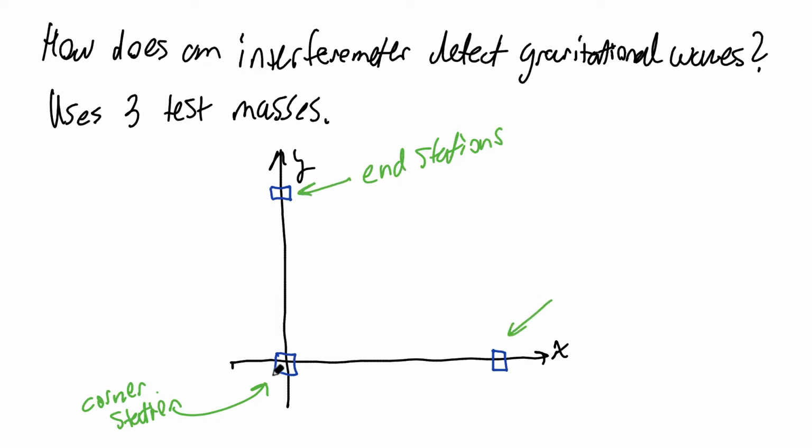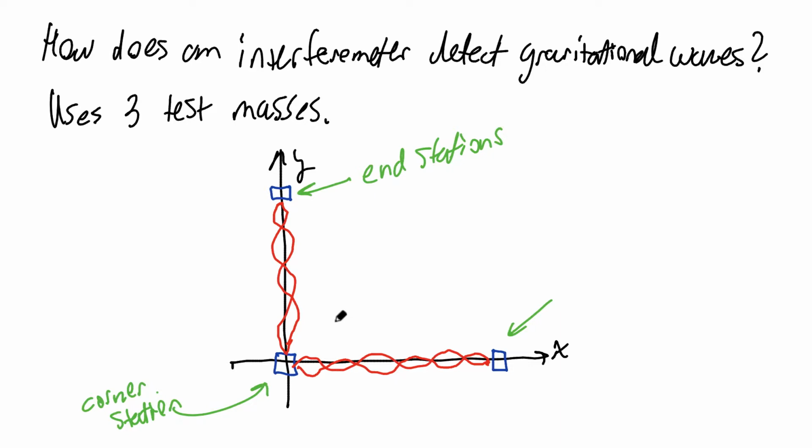Laser light is produced at the corner station and the beam is split. Half the light travels down the X arm and it reflects off of a mirror attached to the test mass, then returns to the corner station. The other half of the light travels along the Y arm, reflects off of a mirror, and returns to the corner station.